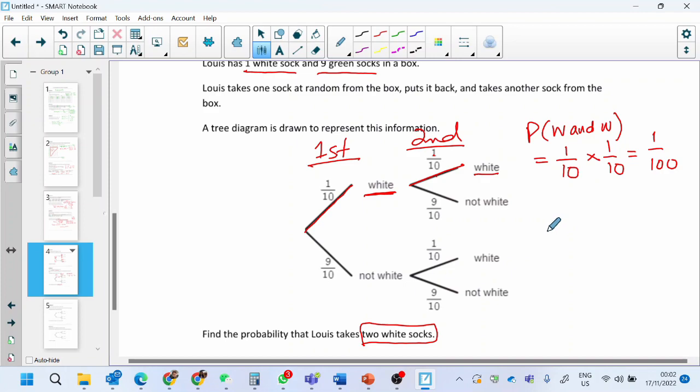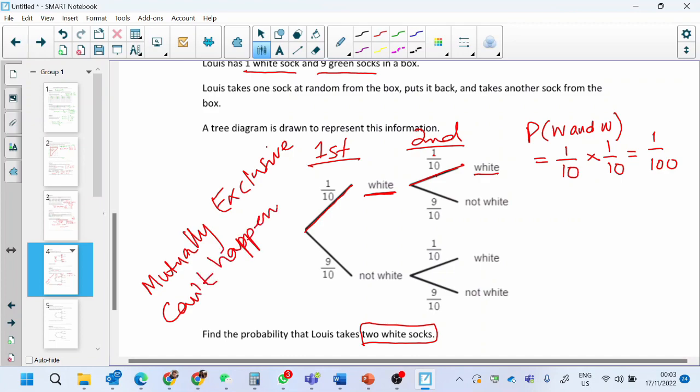Mutually exclusive events are the events which cannot happen at the same time, like getting white and not white.